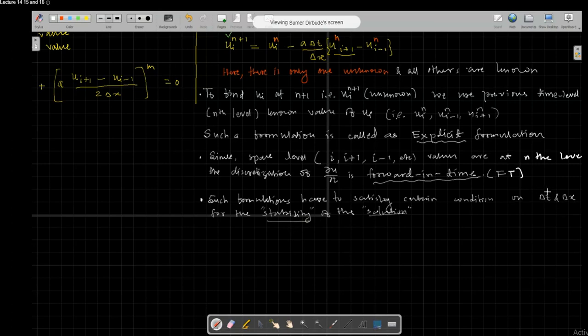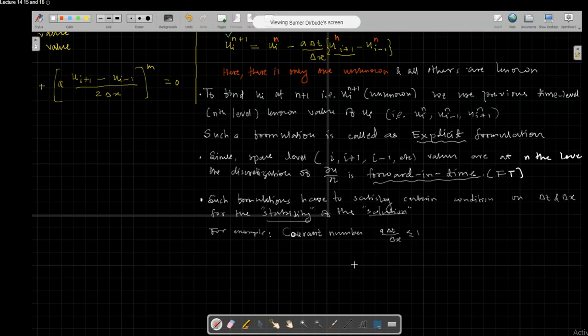So we have to satisfy this condition. Delta t, delta x should be. So for example, we have seen the Courant number, which is nothing but this combination of velocity, delta t and delta x, should be less than or equal to 1.